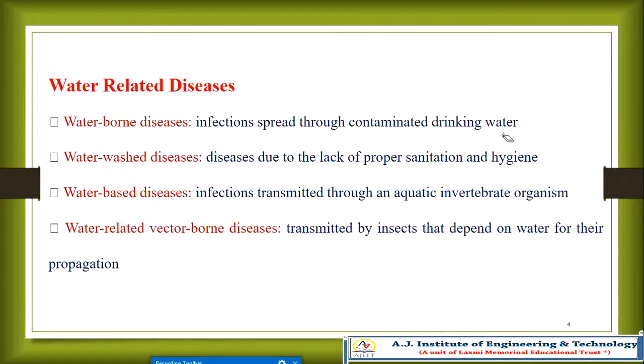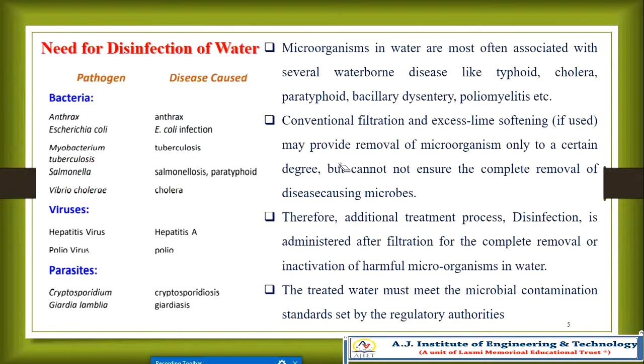Now we'll come to another point, that is the need for disinfection of water. Why do we need it? That is our important motto now. Is it required? That is my question.